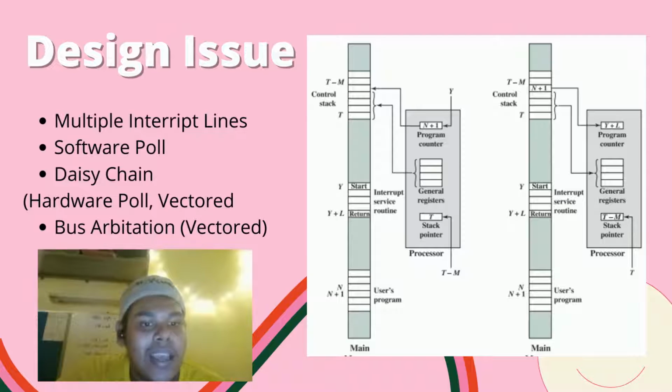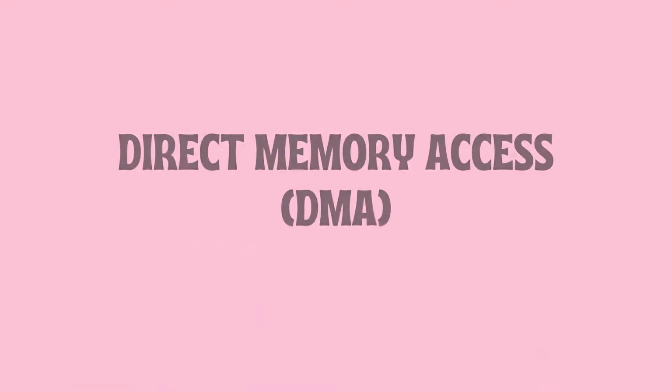The requesting module then places its vector on the data line. So you can see here there's a difference between interrupt-driven input-output and programmed input-output. That's all from my part.